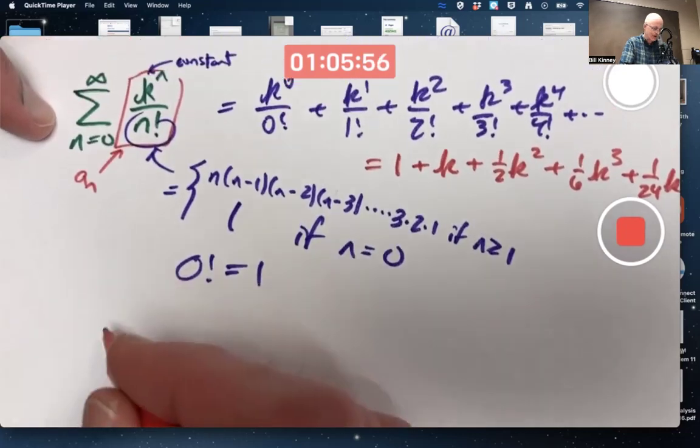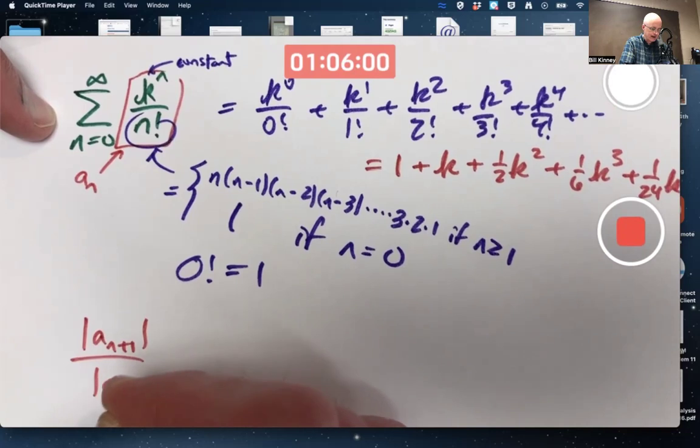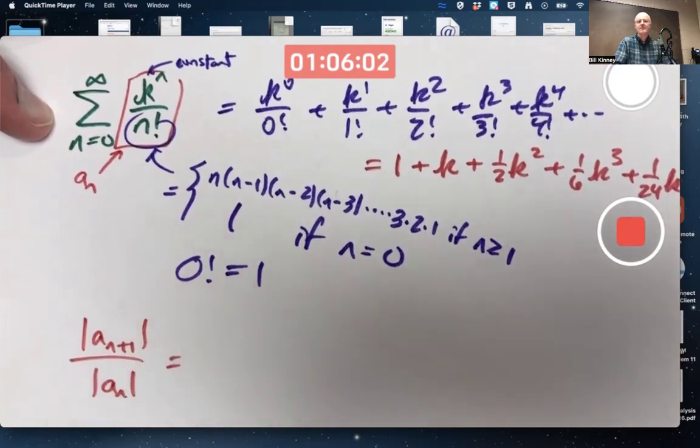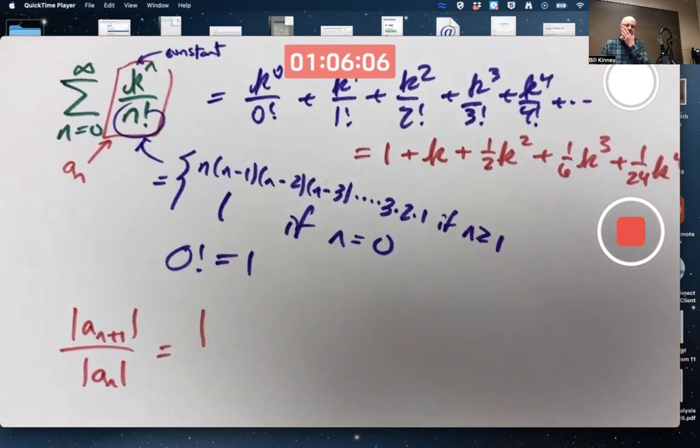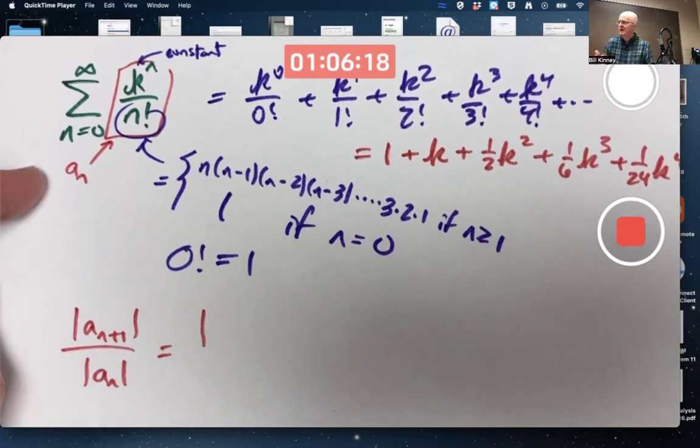That's my a_n. Therefore, what is the absolute value of a_(n+1) over the absolute value of a_n? k is a constant. n is the variable. With a_(n+1), it's just like plugging n+1 into a function. In the formula for a_n, replace n with n+1.